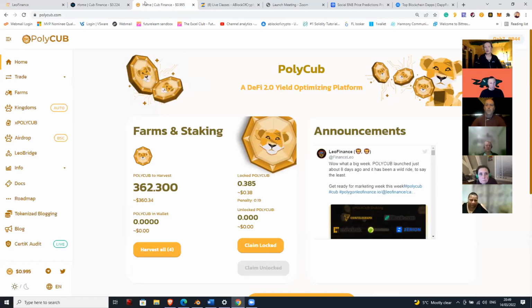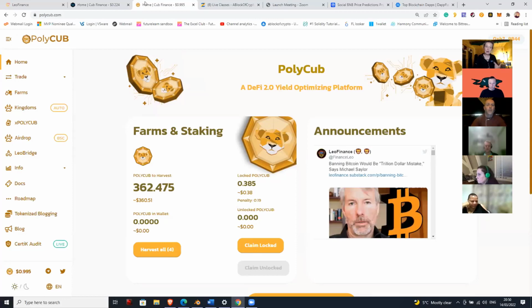Now, with Polycub, in order to get set up at the start, again, there was an airdrop. So for the airdrop, you had to be holding LeoFinance and you had to be holding Cub, and that has then increased the value of both LeoFinance and of Cub. Okay, so he has that airdrop going. That airdrop is actually currently going because Polycub only went live about 2 weeks ago.